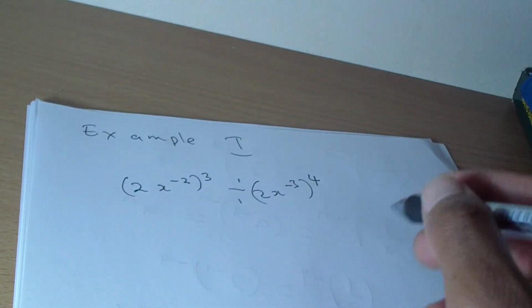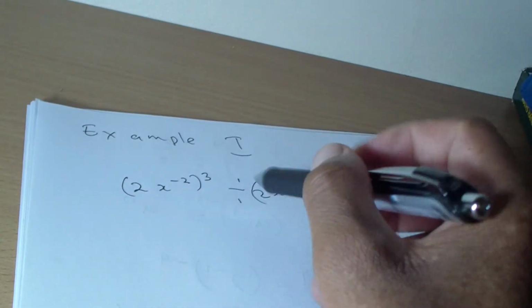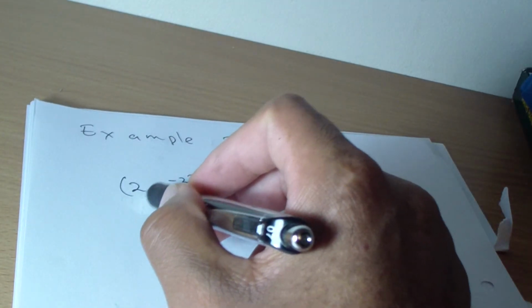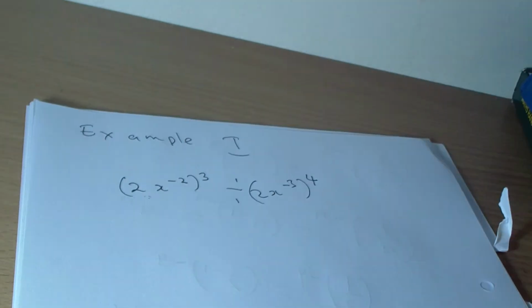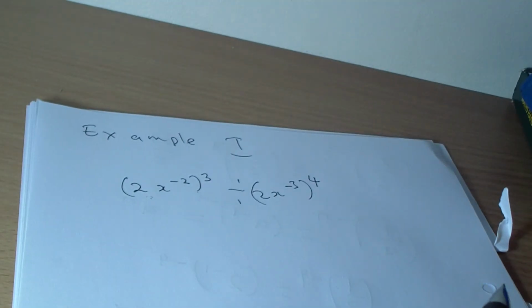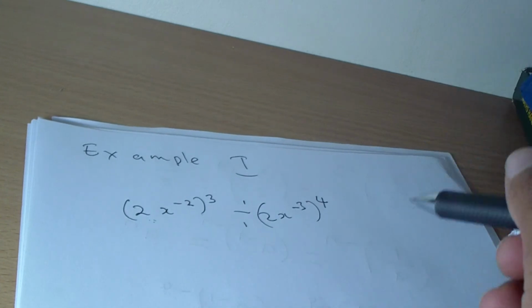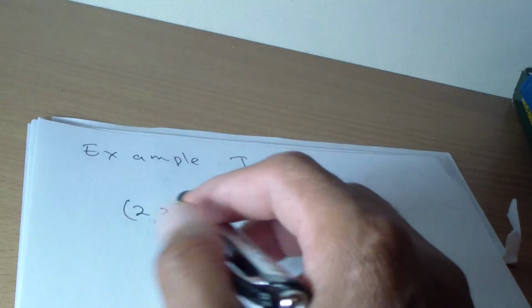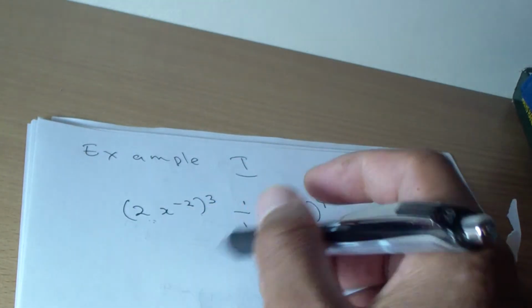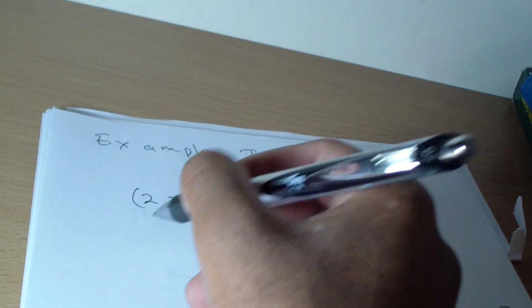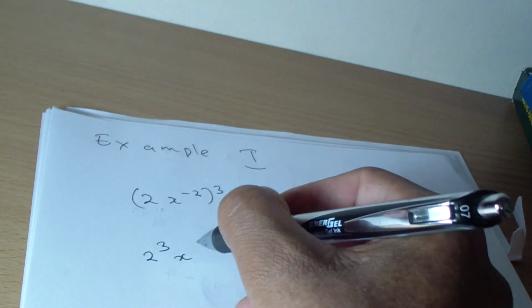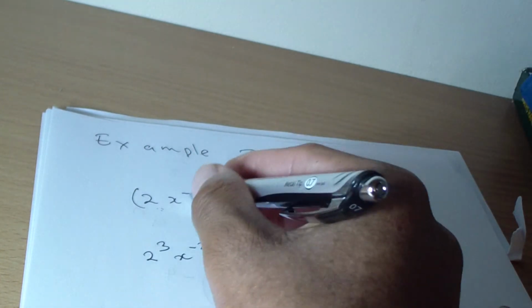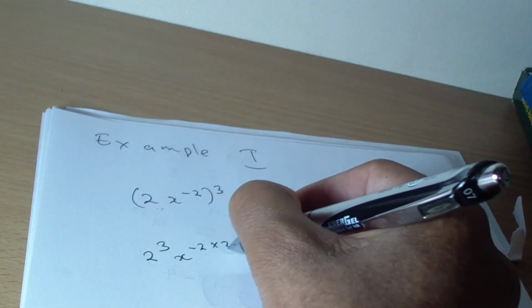To simplify this, the first thing is to do away with the brackets. Then see if there are things that can cancel out. So before we use our laws, the first thing I'm going to do is get rid of the brackets. How do I do that? I know 2 raised to the power 3, and x to the power minus 2 multiplies with 3 there.